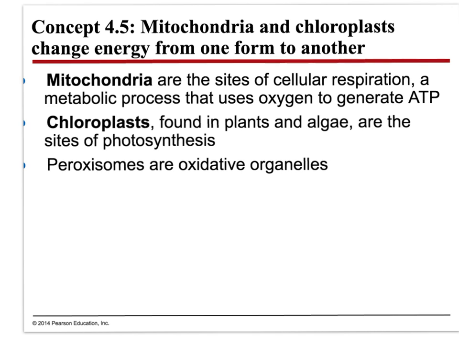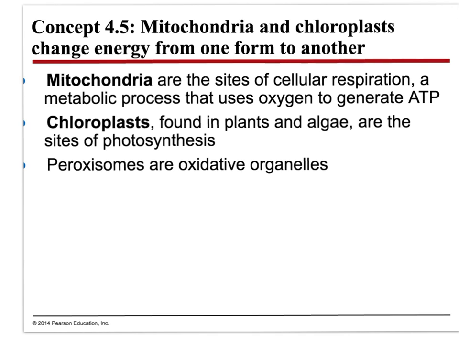And chloroplasts actually transform light energy and store it as chemical energy in the form of glucose, in the form of sugar, all right? And chloroplasts are found in plants and algae, and they're the site of photosynthesis. One other important thing is a peroxisome.